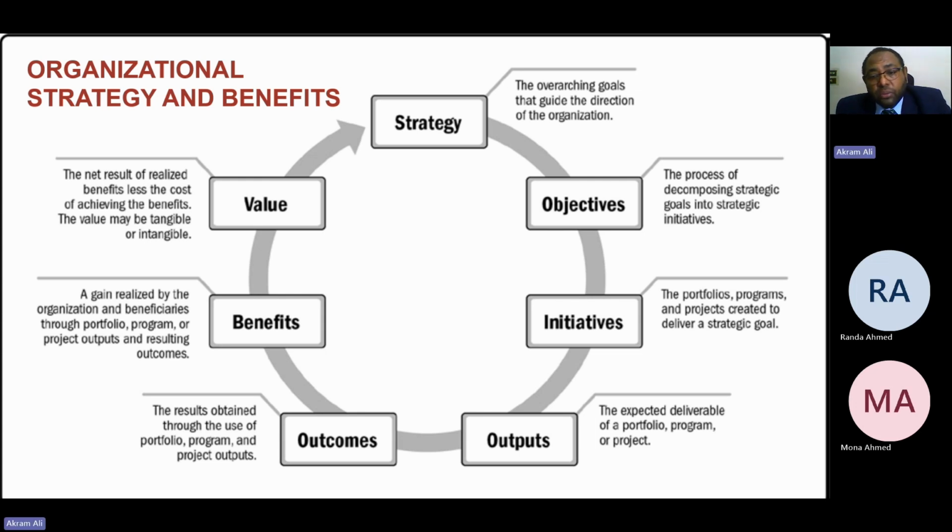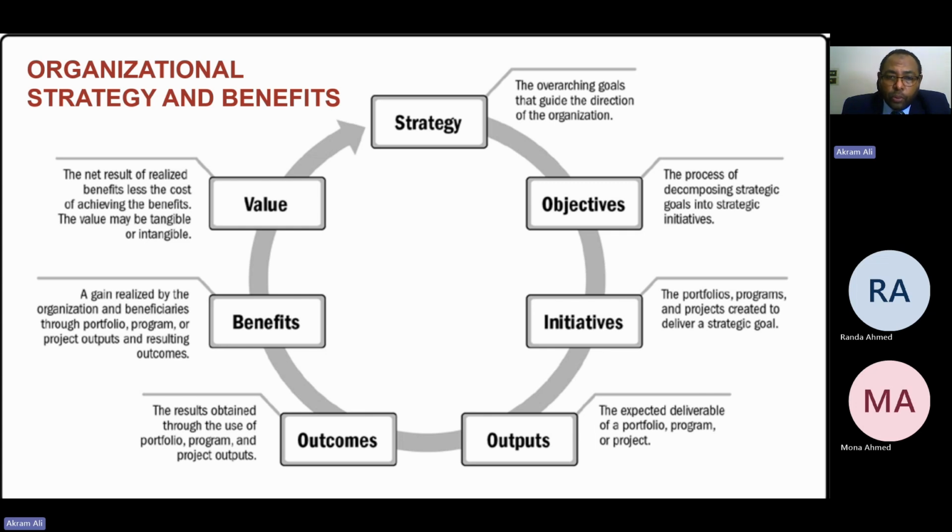Outcomes collectively become benefits, and subtracting the cost of implementing initiatives from the benefits will give us our value. And it is a loop because we have a continuous improvement loop.